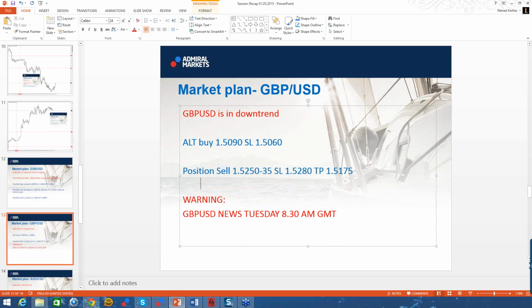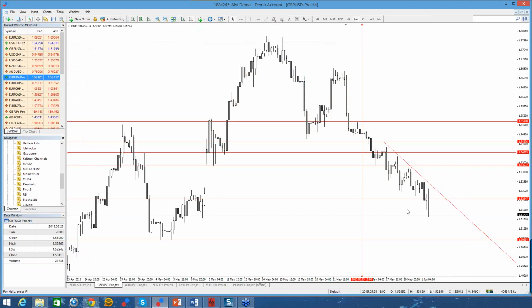If it happens, we are not sure what can happen, because when there is news coming, we are not sure that we can trade technical setups. It can hit our stop loss and proceed in our analysis direction. We don't like to see that.